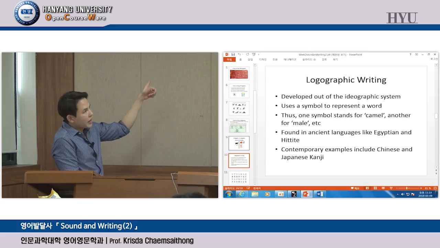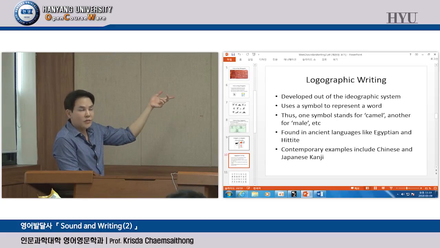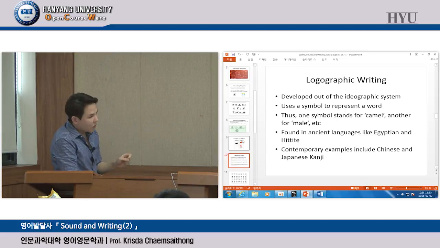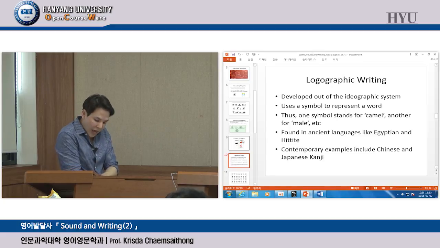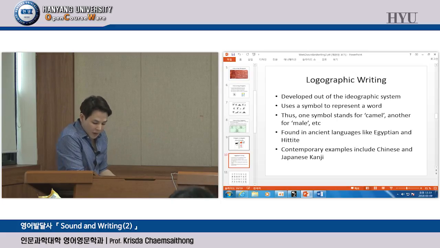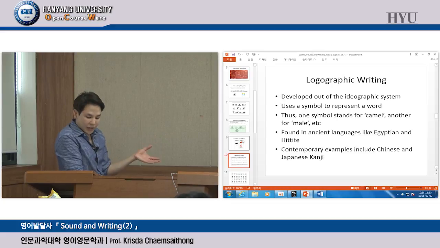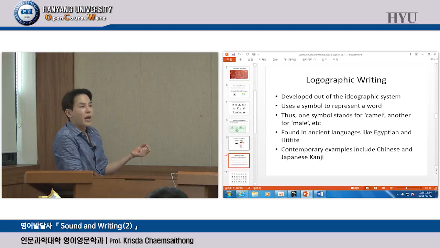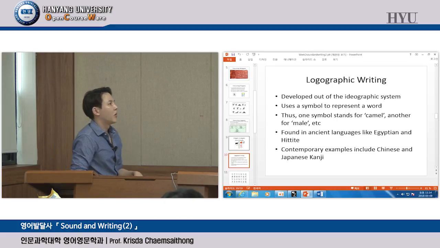So we have pictographs and then ideographs, right? So that's pre-writing. Now, out of the ideographic system, we have the logographic system, right? That developed out of the ideographic system. So if a particular ideogram is always translated by the same word it comes to stand for, then we have a logogram or logograph.